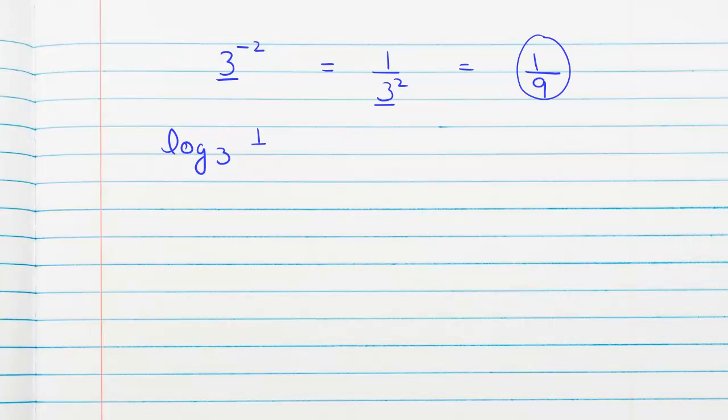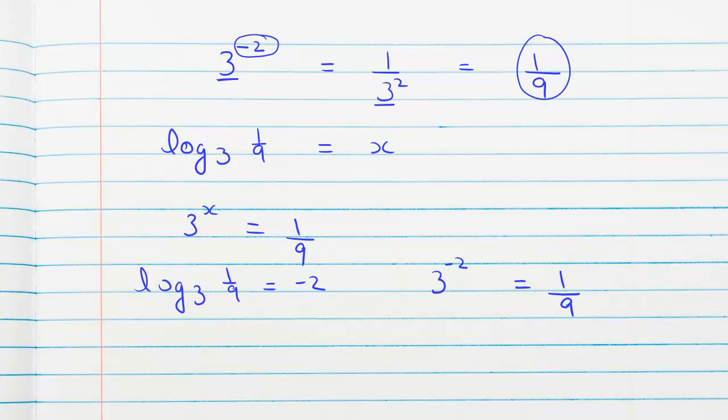We get 1 over 9 is equal to x, or we can say 3 to the power x, we get 1 over 9. We already learned that it is negative 2, so log base 3 of 1 over 9 is negative 2, or in the exponent form it will be 3 to the negative 2 power is equal to 1 over 9.